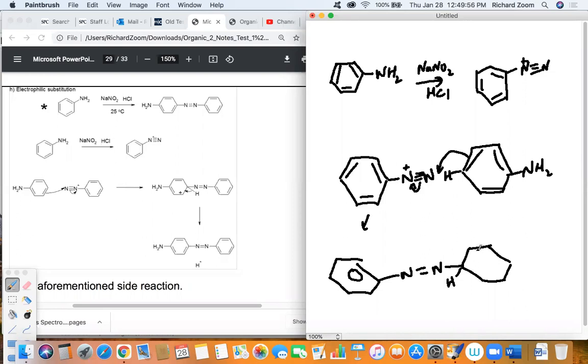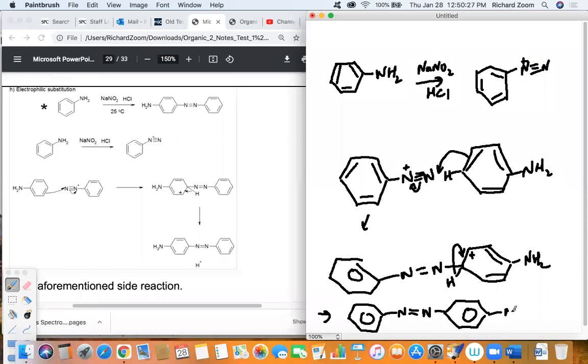So I've still got that going. I should probably keep the double bonds in there for now. And that's how we end up getting our azo dye compound. Does anybody have any questions so far?